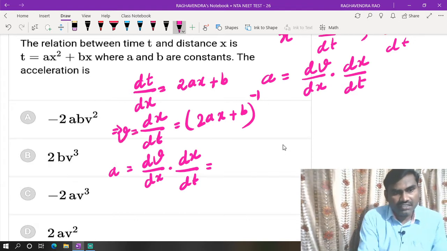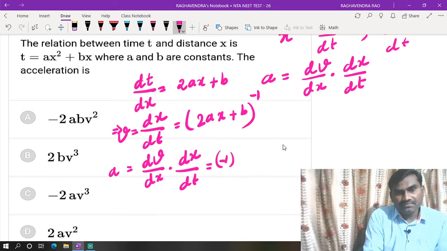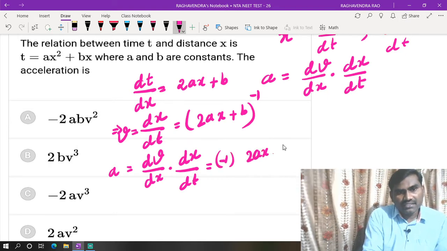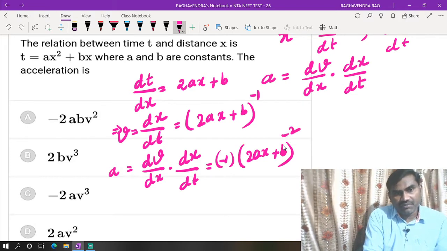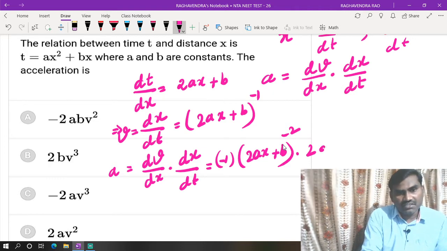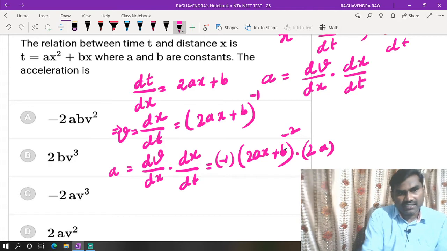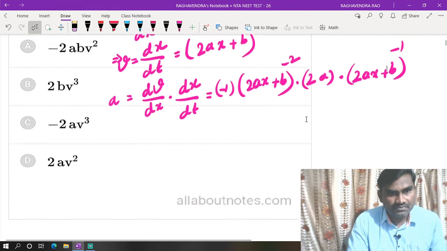Now we can differentiate this with respect to x. This will be minus 1 (2ax plus b) to the power of minus 1 minus 1, that is minus 2, into the internal differentiation 2a. This dv by dx into dx by dt, is nothing but velocity, which we can take directly as (2ax plus b) whole inverse.